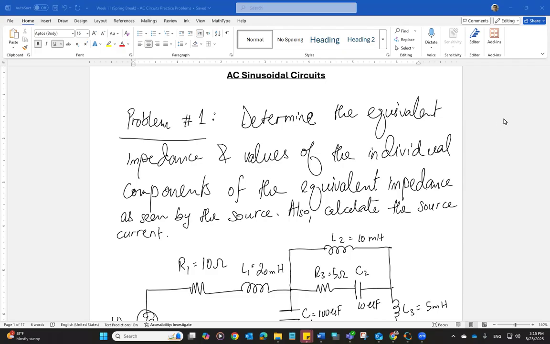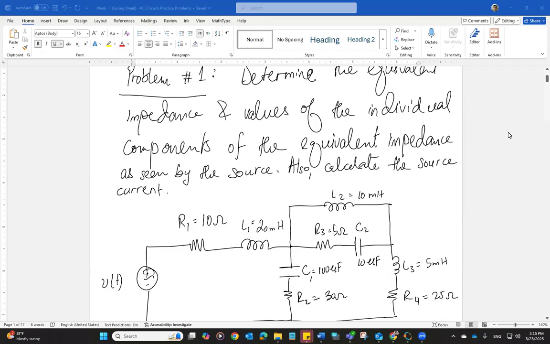Once again, the methods, the laws, the rules that we are going to apply on any circuit are the same as you apply on DC circuits. That is, you're going to apply Ohm's law, voltage division, current division, combination of resistors in series, combination of resistors in parallel. In this case, it's not going to be just resistors, of course.